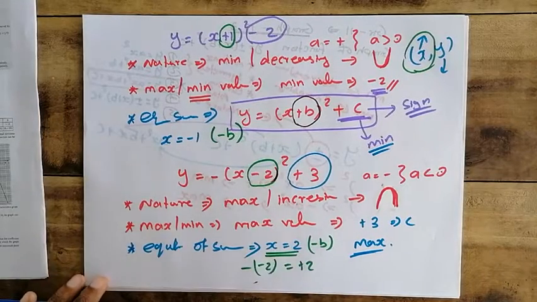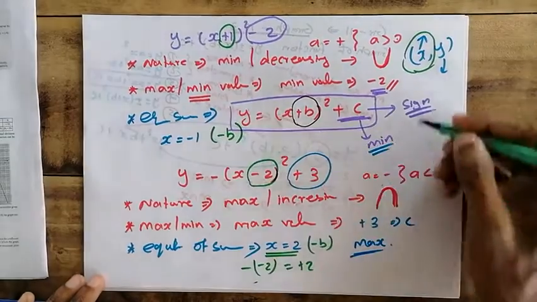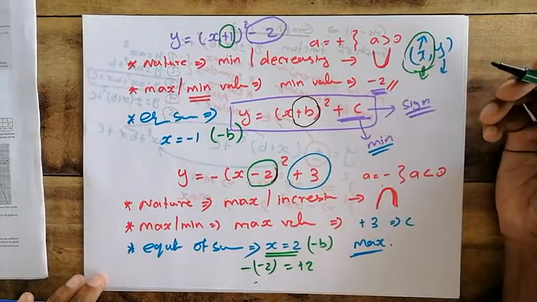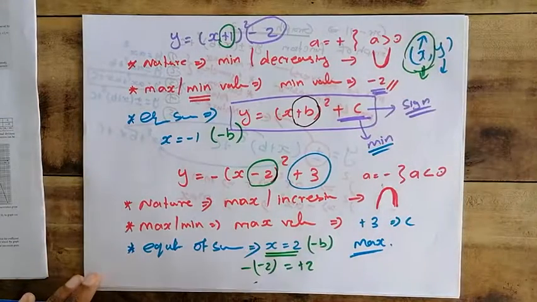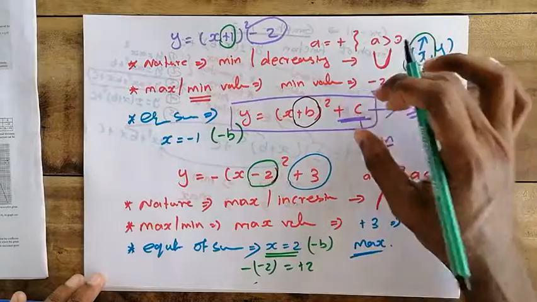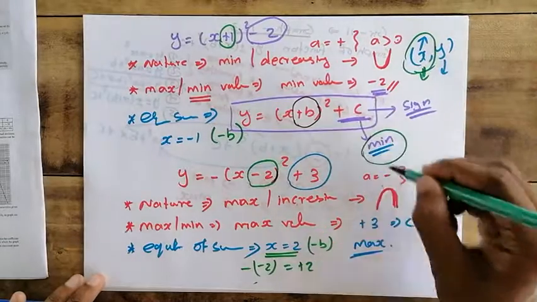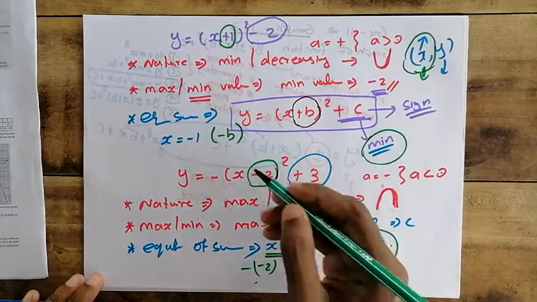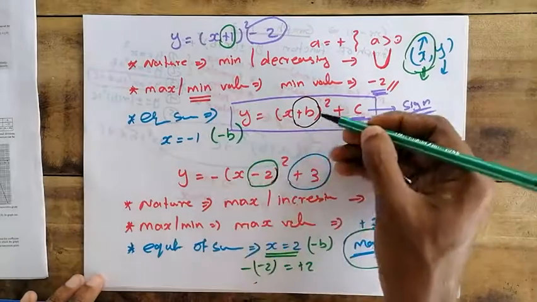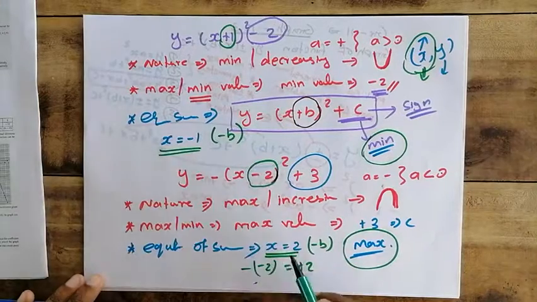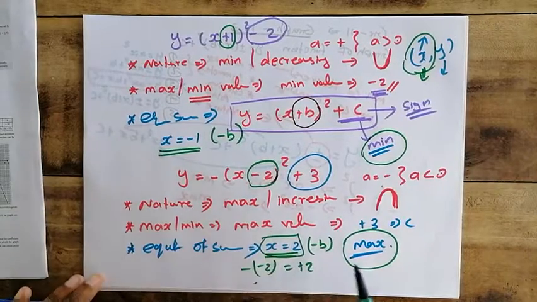So the equation of the axis of symmetry is x equals 2. The y coordinate of the turning point is given directly by c, the minimum or maximum value. Okay. The negative of b always gives the equation of the symmetry axis.